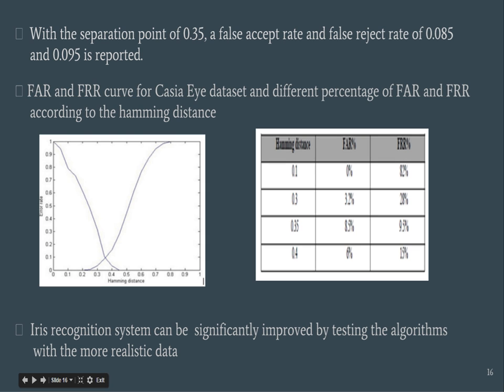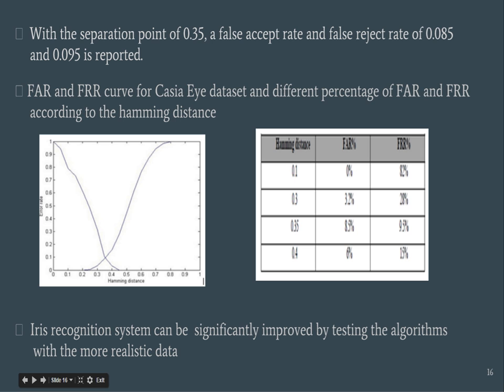So as mentioned, with a separation point of 0.35 as the minimum threshold for Hamming distance, FAR and FRR were computed as FAR was 85% and FRR was 95%. These are the curves for the CASIA database, and here you can see the different percentages of FAR and FRR according to the Hamming distance.